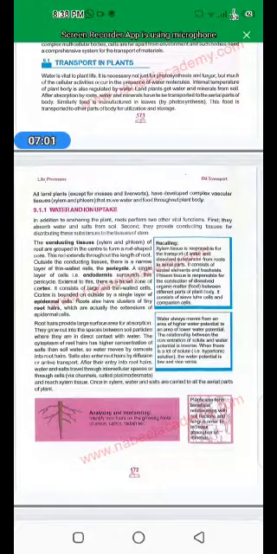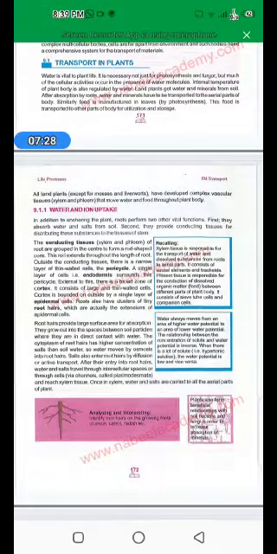It consists of vessel elements and tracheids. While in the other column we will put the information about phloem. Phloem tissue is responsible for the conduction of dissolved organic matter, that is food, between different parts of the body, and it consists of sieve tube cells and companion cells.